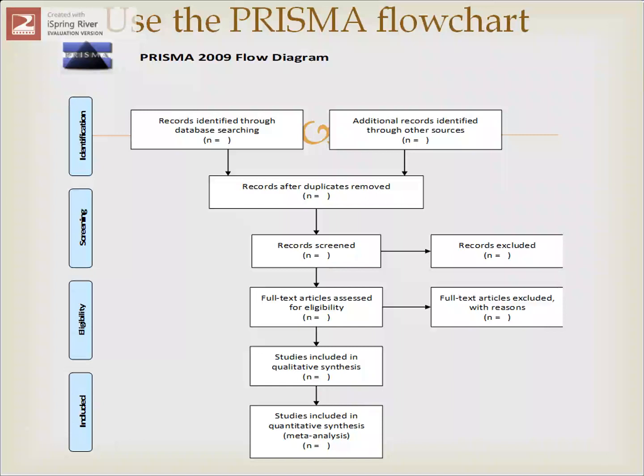Then in here, if you see, records are identified through database searching. Then additional records are identified through other sources, like when you go through the references given in the selected studies, or you find them from Google Scholar or from other books.